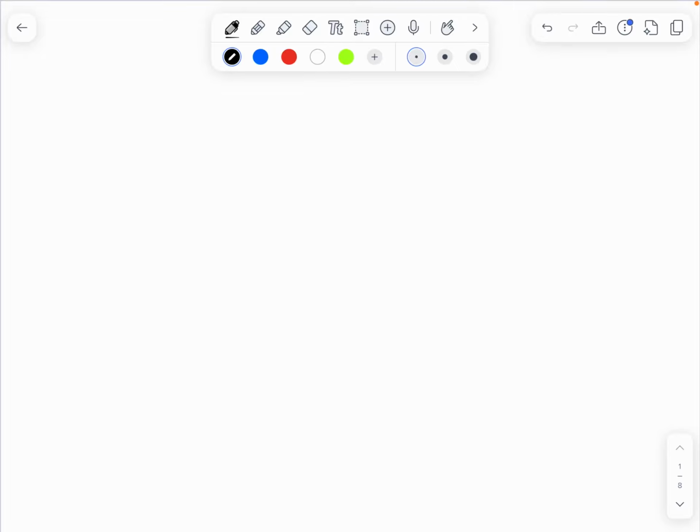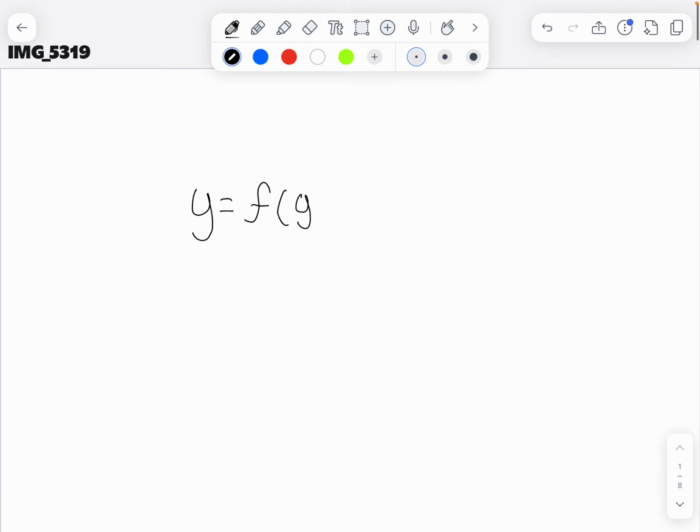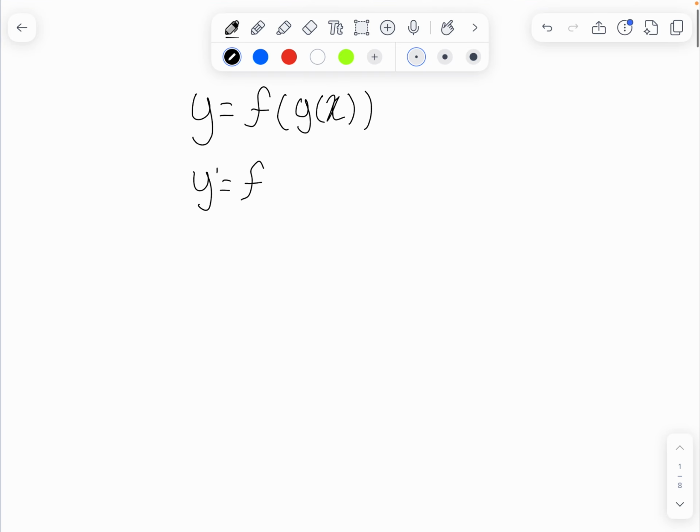In this video, we are going to be learning about the chain rule. The chain rule in derivatives basically states that if we have a composite function, which is f of g of x, then the derivative will be f prime, so the derivative of f of g of x, times the derivative of the inside function, so the derivative of g of x.